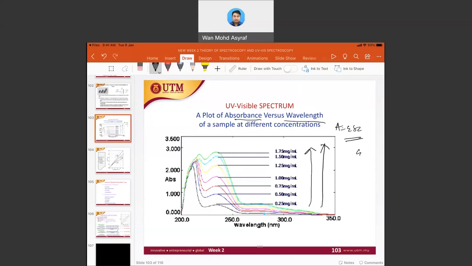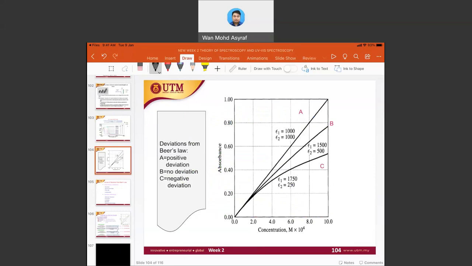All right, following on that, we are going to look at deviations, or errors, that can occur in UV visible spectroscopy. The ideal output from UV visible spectroscopy is B, which means it's following Beer's law with no deviations.